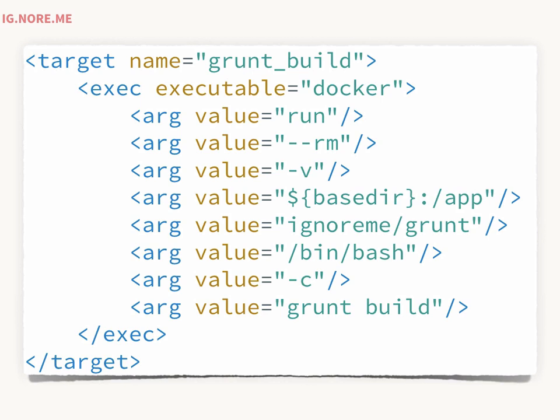If we want it on Docker, it becomes a little bit more work. Still, it is basically just a normal Docker run command split up over different arguments. So you mount the volume, you tell it which container to use, and then you run a bash command to do the build.